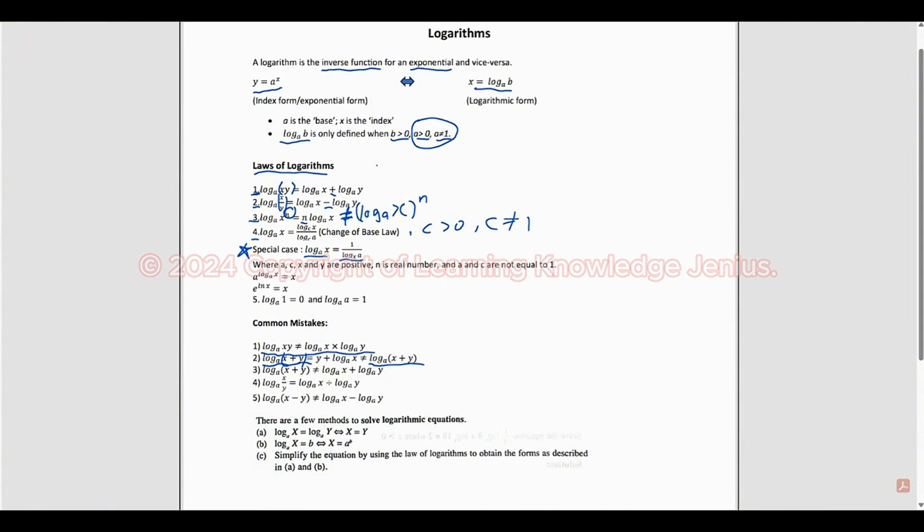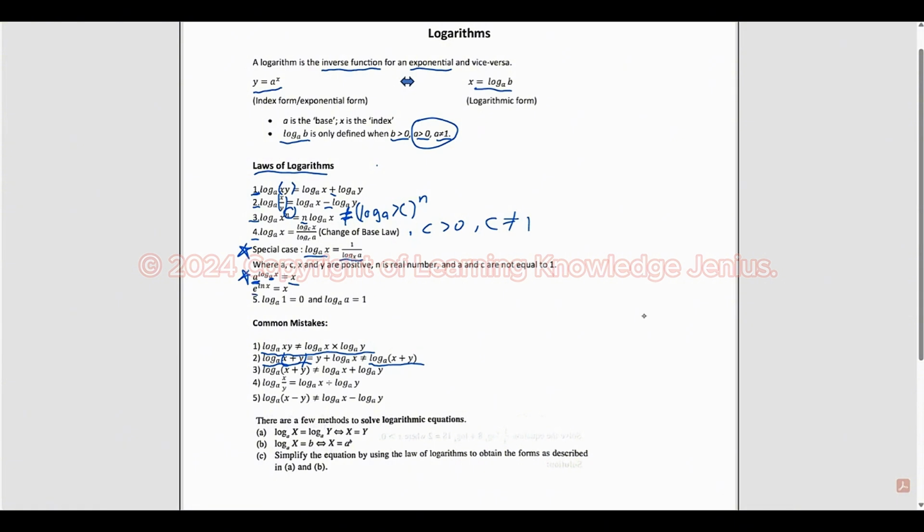Sometimes you will see this in a logarithm equation, so you can pay attention to it. Later I will show you an example also. So these are the things you can take note of. And also we have this case as well. You're having a to the power of log a x. The criteria is that these two bases must be the same number, then it equals x.